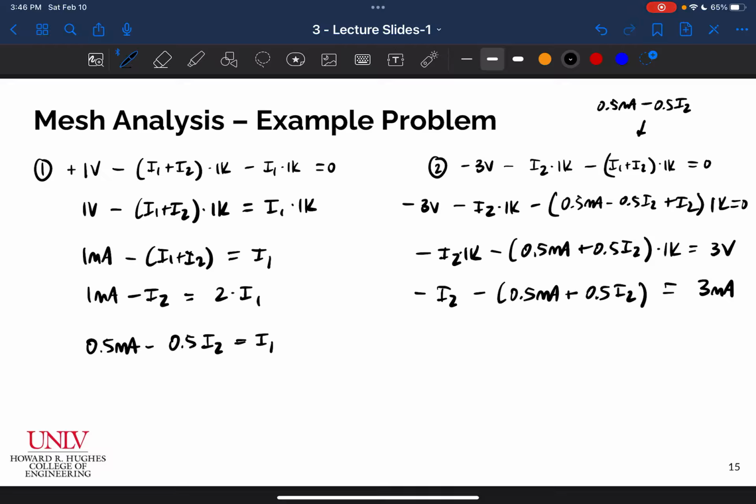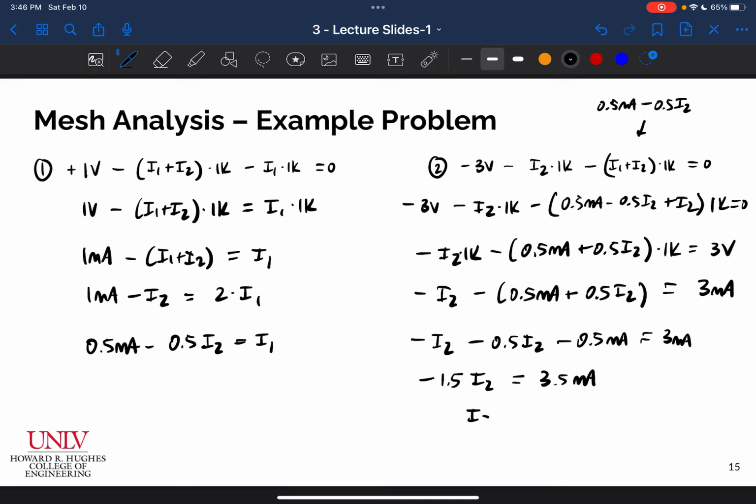And so I'm pretty close to solving for I2 here. We've got a minus I2, a minus a half I2, a minus a half a milliamp, and a 3 milliamps. So I can combine like terms. I get this to be minus 1.5 I2 is equal to 3.5 milliamps.